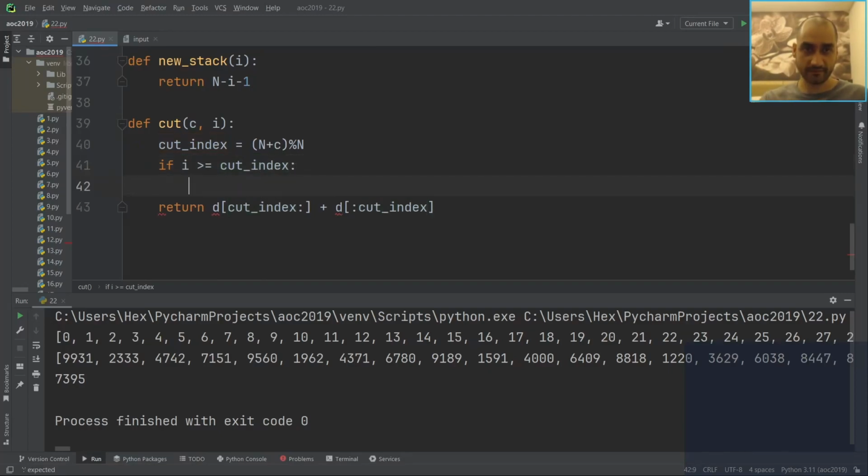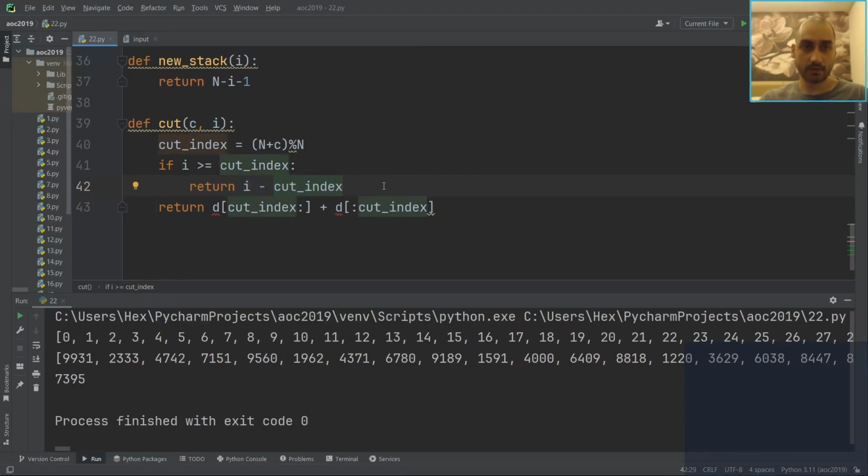So it's going to come forward. So return I minus cut index. For example, if I was exactly cut index, we take the front cards and put them at the end. So now you become position 0, and then everything else falls. So you subtract that many cards.